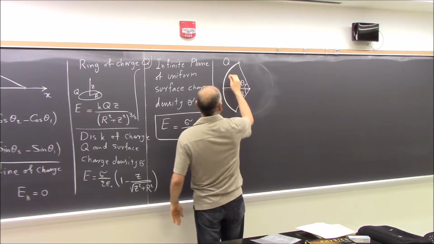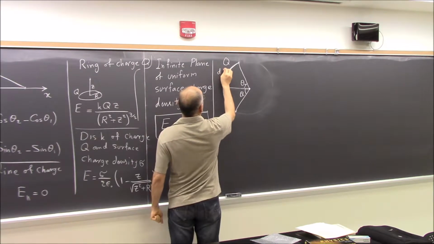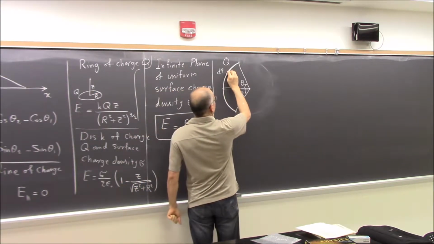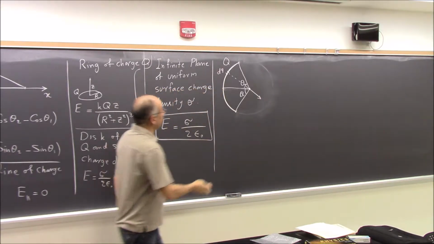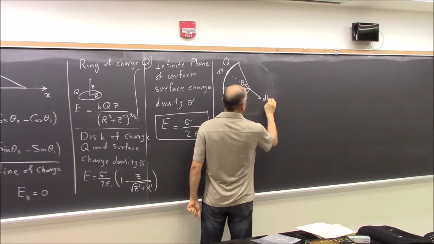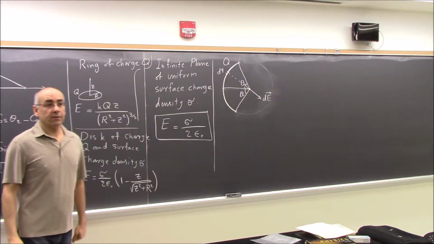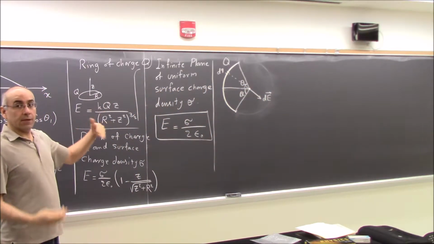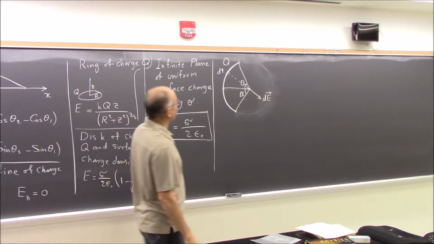You have to take a little piece of that with charge dq, and find the electric field of this little charge at this point. This is dE, created like that. Directly away from it if the charge is positive, or you reverse the direction if the charge is negative. We talk about positive charges.